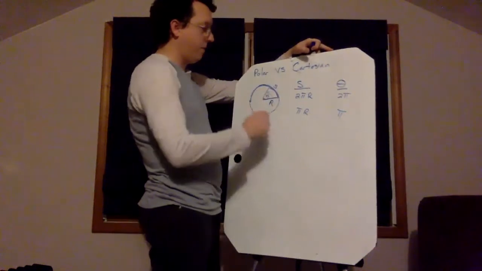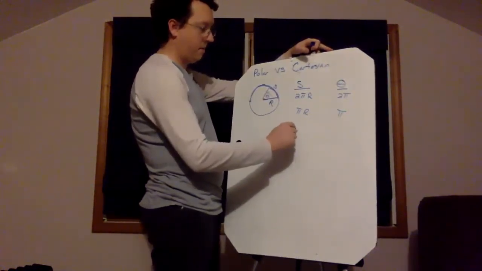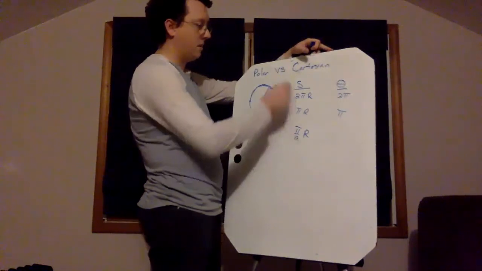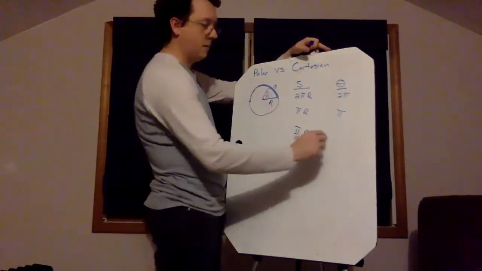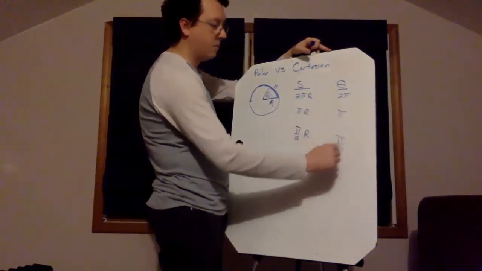And if I went a fourth of the way around, it'd be pi over 2 r is the distance traveled, 90 degrees. And the angle would be 90 degrees, or that's the same as pi over 2.